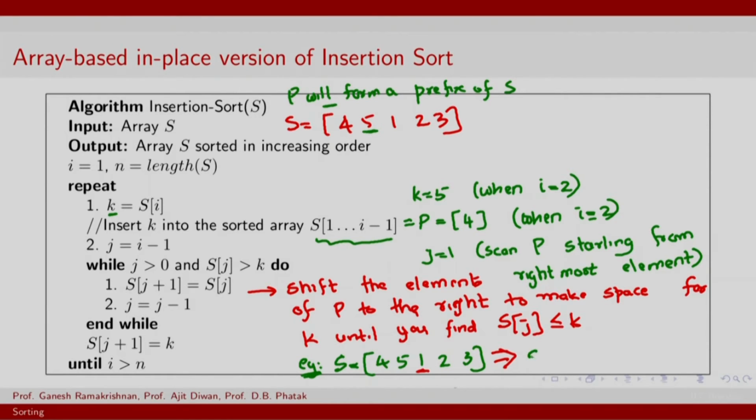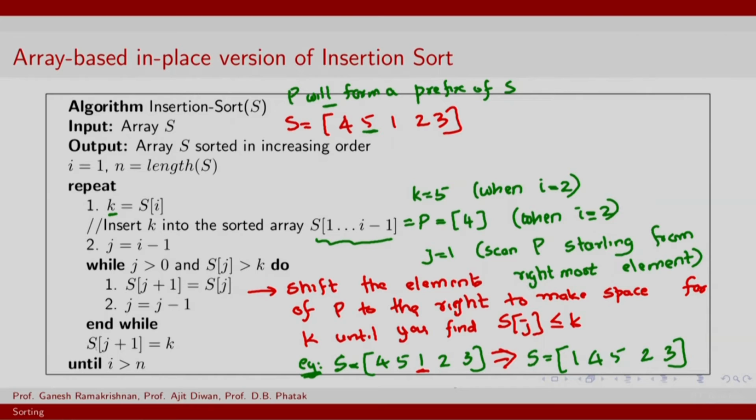S will need to make space for 1, 4 and 5 shifted, and then the place for 1 will be occupied by S, and that is exactly what happens when you set Sj plus 1 equals K. 2 and 3 are unaffected.